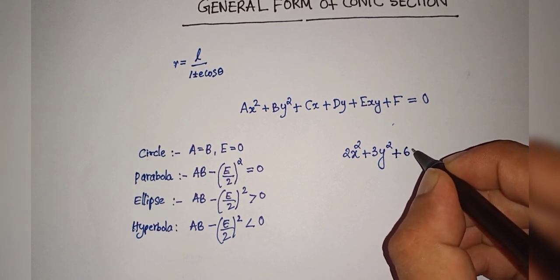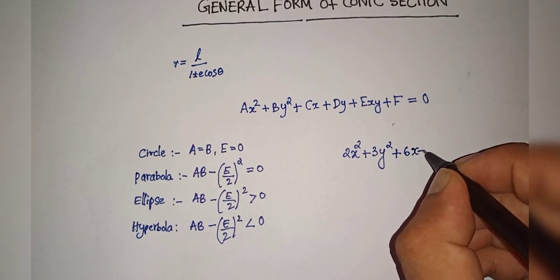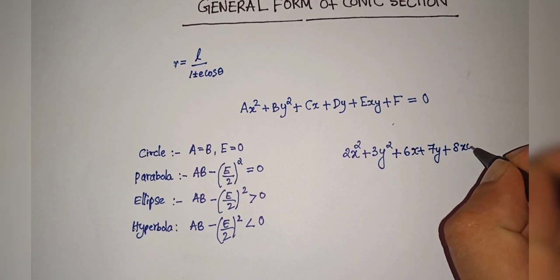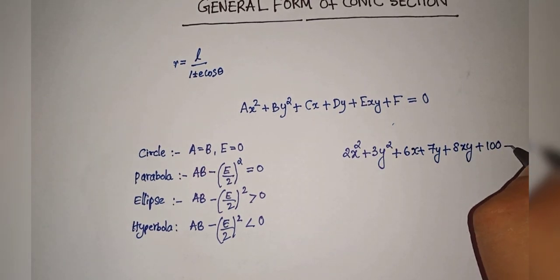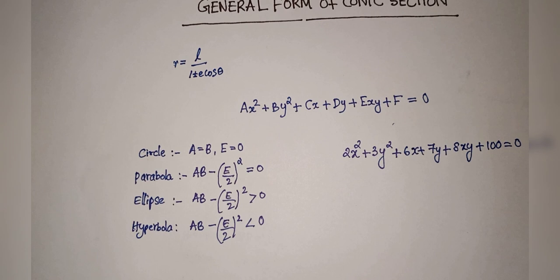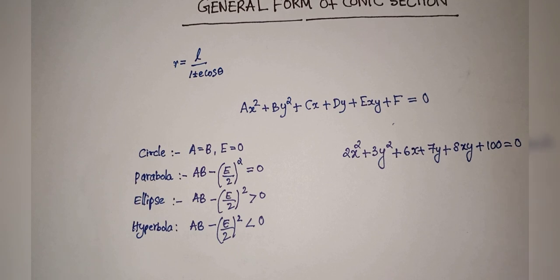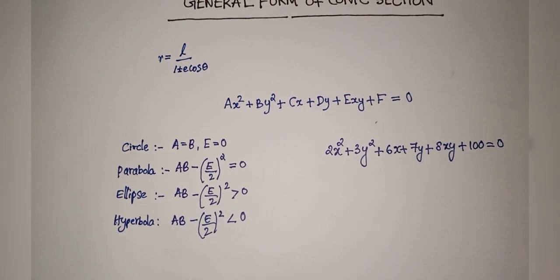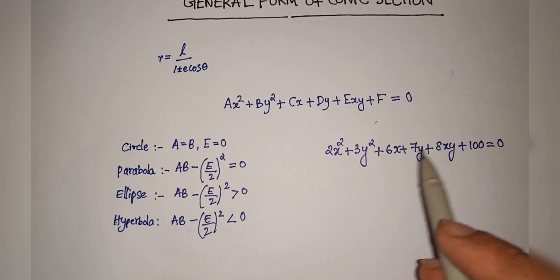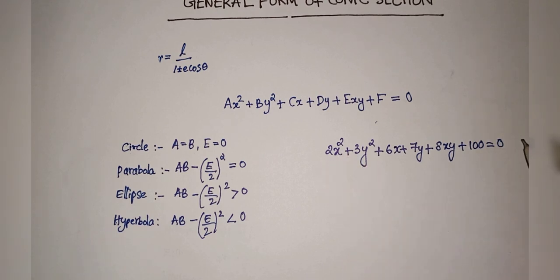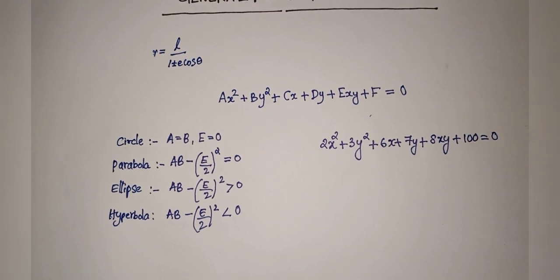So we have 2x square plus 3y square plus 6x plus 7y plus 8xy plus 100 equal to 0, a numerical exercise. This equation was found by an astronomer who doesn't know what conic or orbital profile this system is exhibiting. I think we can find that out.